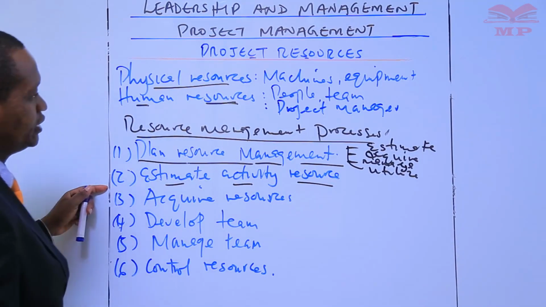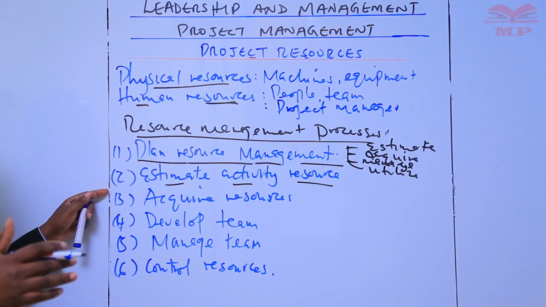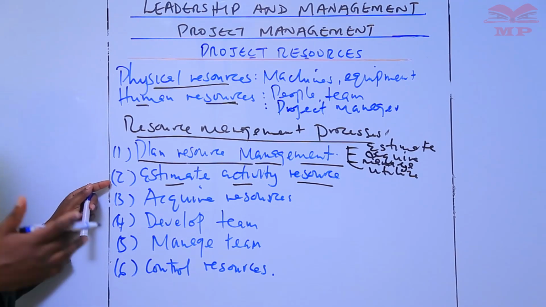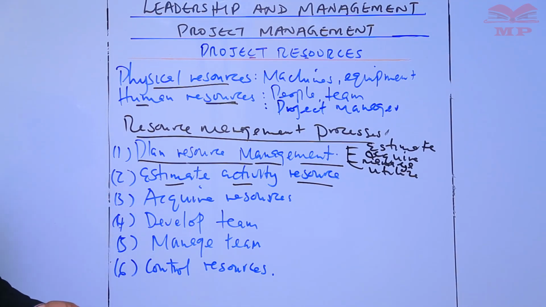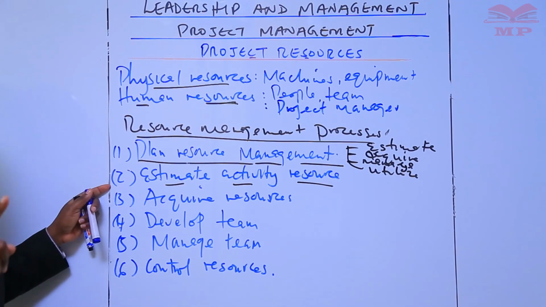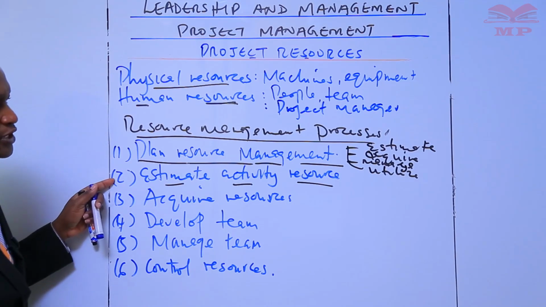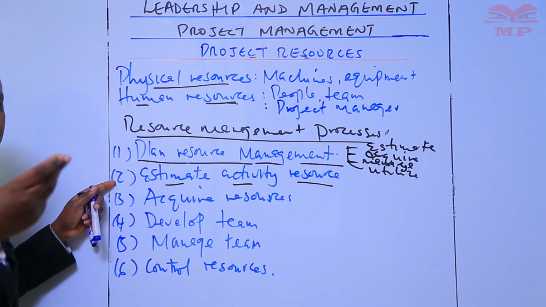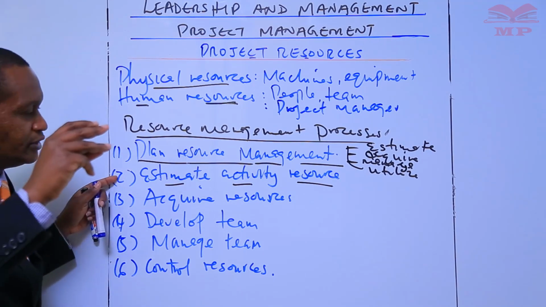Now, this process, candidate, is the process of estimating team resources and the other type of quantities of material, equipment, supplies that are necessary to perform a project work. And the key benefit of this process is that it identifies the type, the quantity, and also the characteristics of resources required to complete the project.